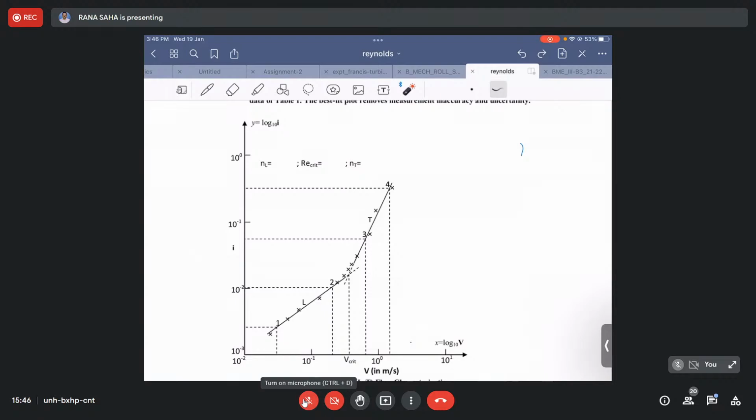The benefit of using that type of graph paper is that a nonlinear behavior can be seen as a straight line, in a linear manner. The thing is very simple. Say we are talking about this relation I equals k v to the power n. Now, if I take log on both sides, it becomes log I is equal to log k plus n log v, right?